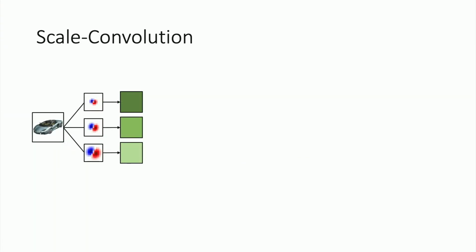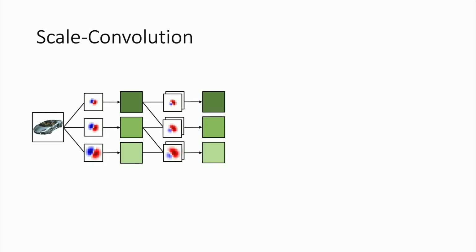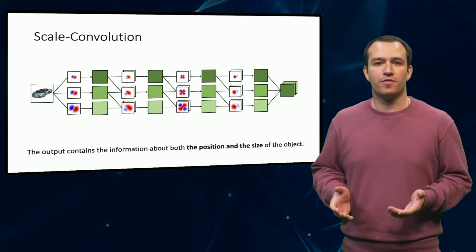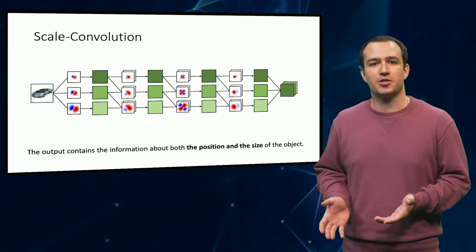To perform scale convolution, we convolve the input image with the filter for each of the scales. It results in 3 outputs, 1 output per scale. To build a scale equivariant convolutional neural network, we repeat this operation again and again. The output of this network is 3-dimensional.